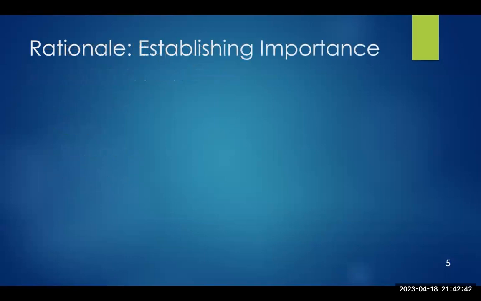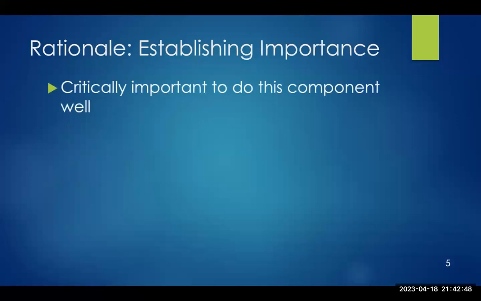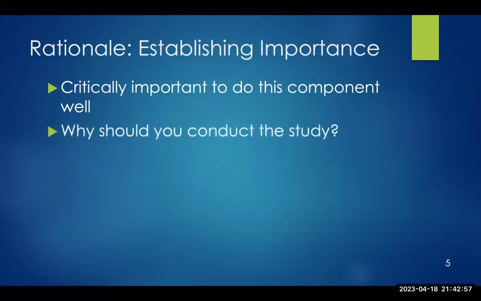So let's talk about rationale. Rationale is your way of establishing the importance of your study. This is so important because this is really your selling point. Why are we interested? So you're going to explain why you should conduct the study. And there are three main components you need to consider. Prevalence.